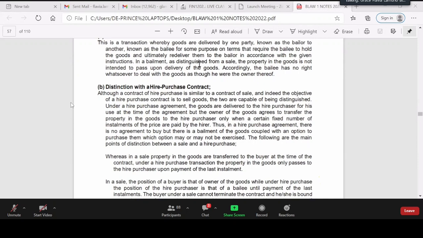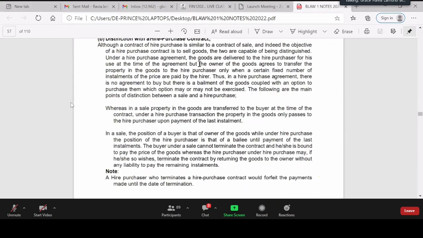It's sort of like in an agreement to sell, where you have the good with you, but you don't have ownership until you pay the last installment. So that is one of the differences between the two: in a hire purchase contract, you have the good, yes, but you only have possession. So you are a buyer in possession. You become the owner when you have paid the last installment.